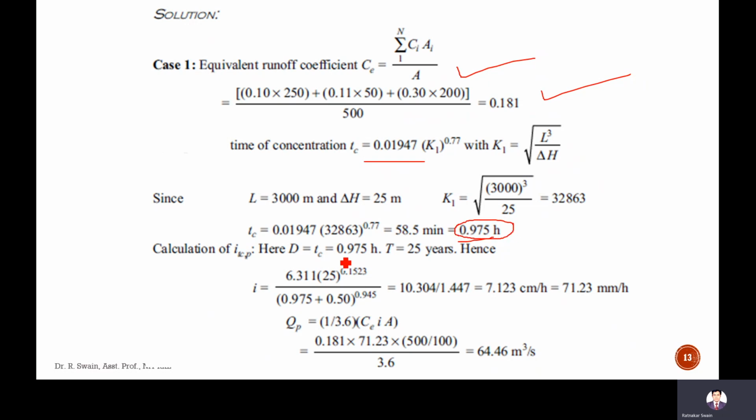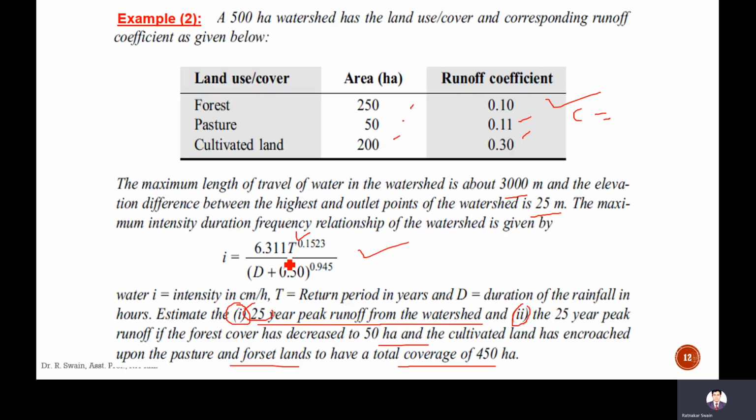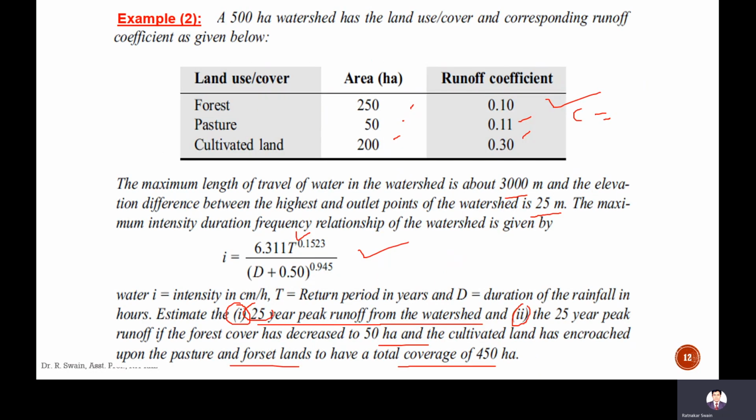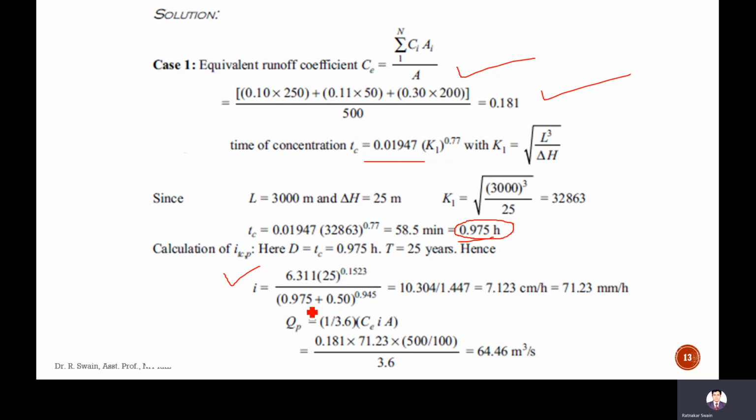D is nothing but TC. If we put this TC value and T equal to 25, we can determine the average intensity I, which is 71.23 mm per hour.